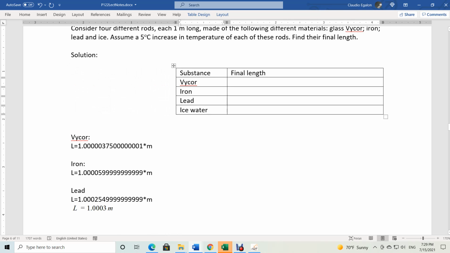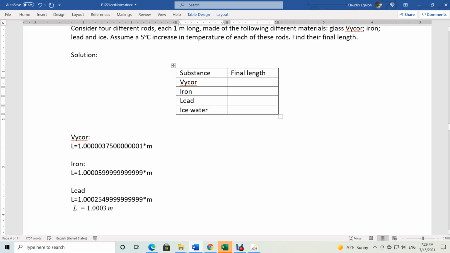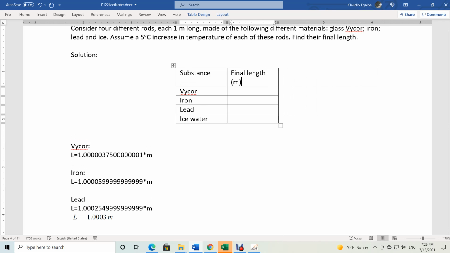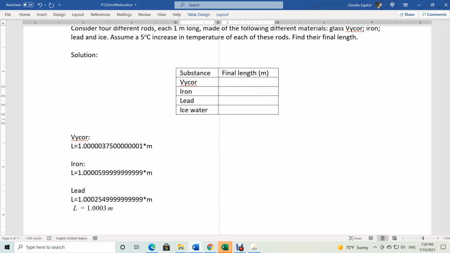So you can see the decimal places more easily. Here you go. Oh, by the way, meters. We're just gonna put this guy right in here. I don't need all those. It's too much.